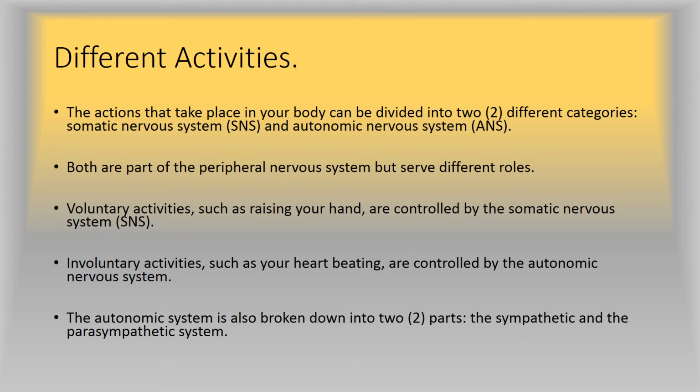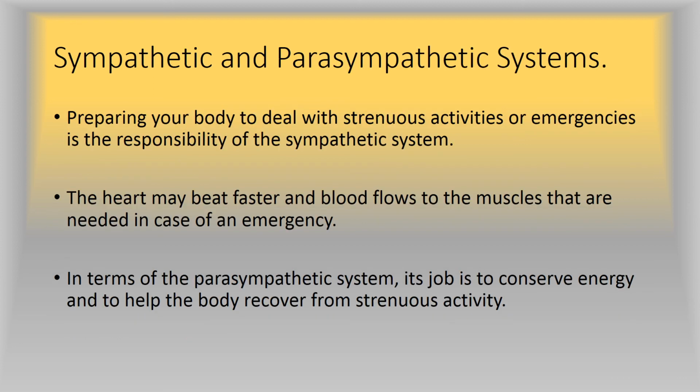Now, also, the autonomic system can be broken into two parts as well, the sympathetic and the parasympathetic system. So the sympathetic and parasympathetic system, they both prepare your body. The sympathetic, it's the tongue twister.